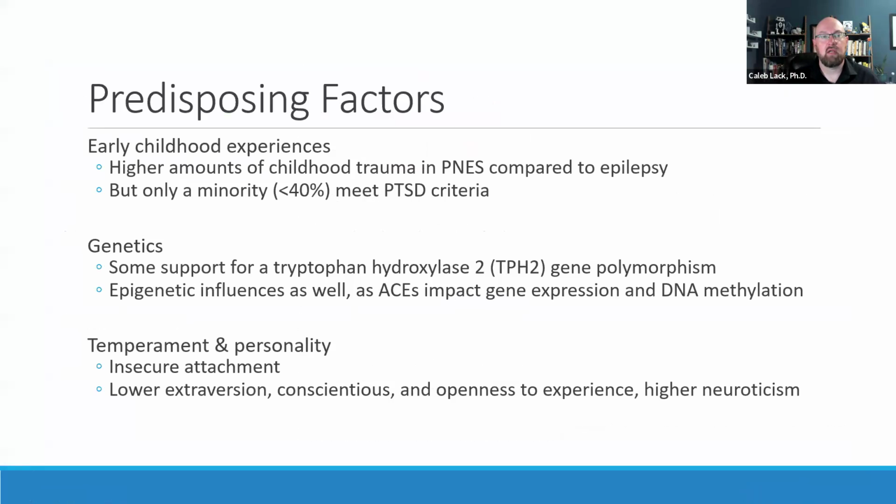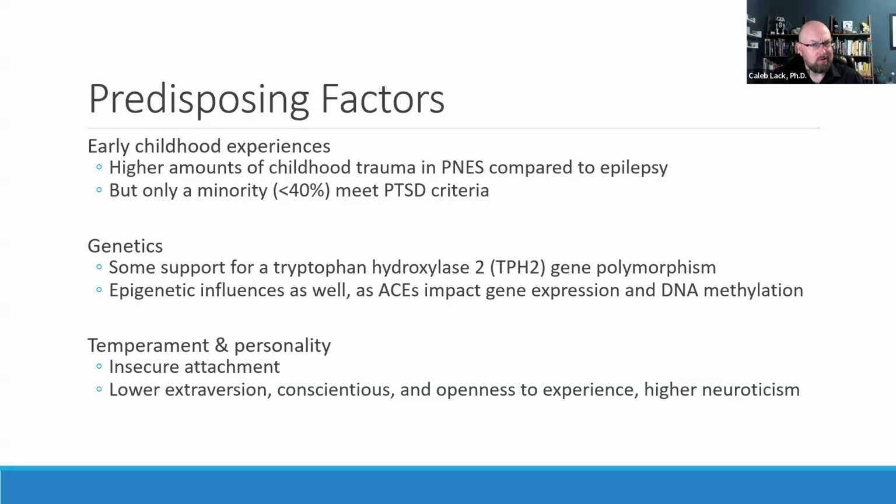Among predisposing factors, early childhood experiences do seem to be pretty important in FNDs, where you do have much higher amounts of childhood trauma. But that's not most people. Most people still don't meet PTSD criteria. But just having things like higher childhood ACE scores puts you at risk.